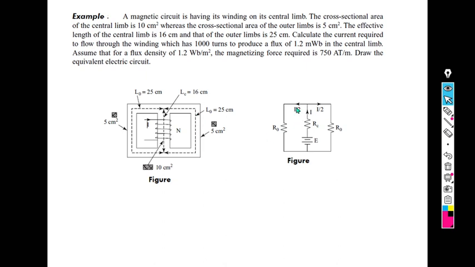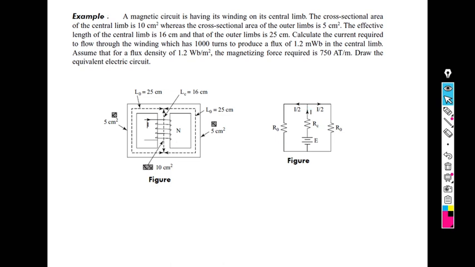So, if I convert it to an electrical equivalent circuit, here we can see that magnetic circuit is connected here. So, this is magnetic circuit, equivalent to electric circuit: MMF is EMF. So, here you can write in this symbol Ni or E, and the reluctance of this central limb is equivalent to resistance in electrical circuit.